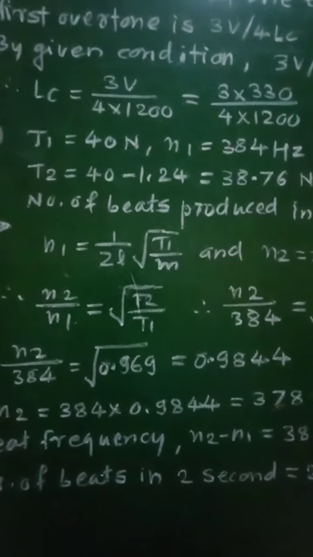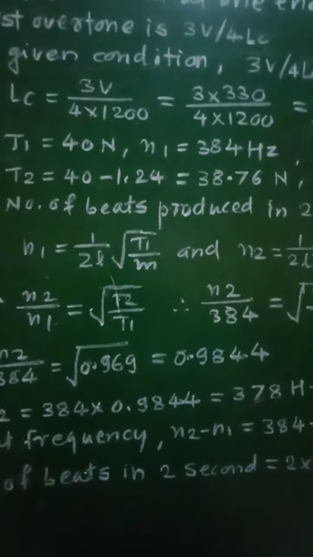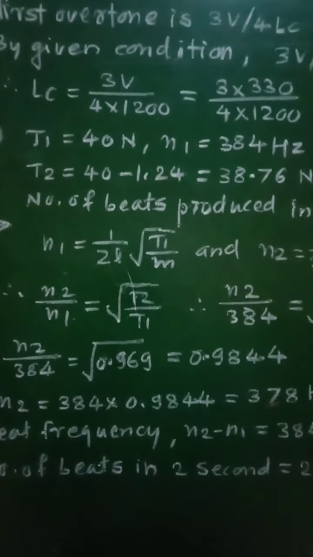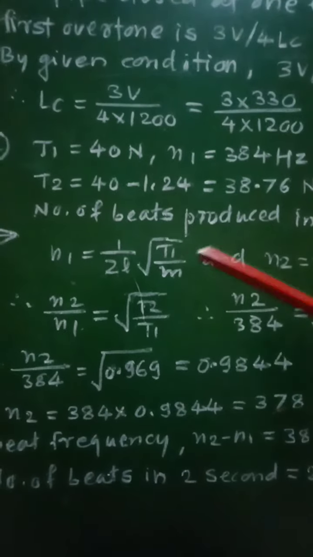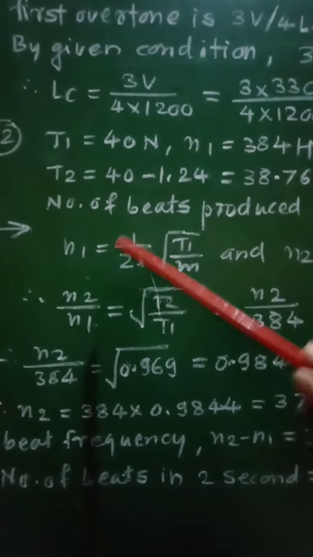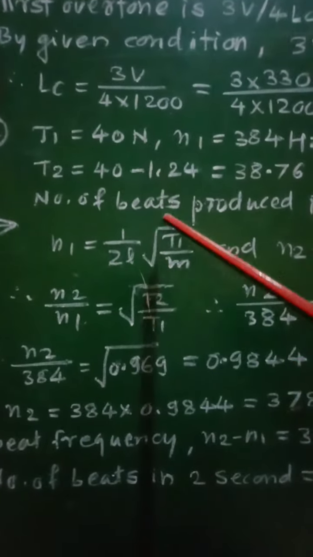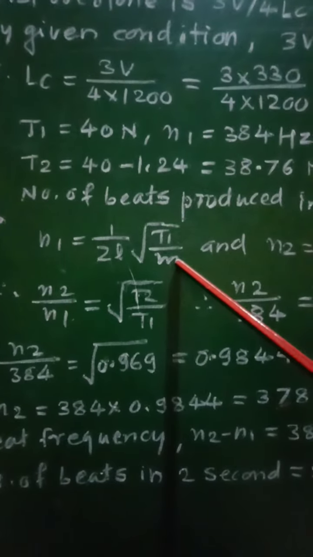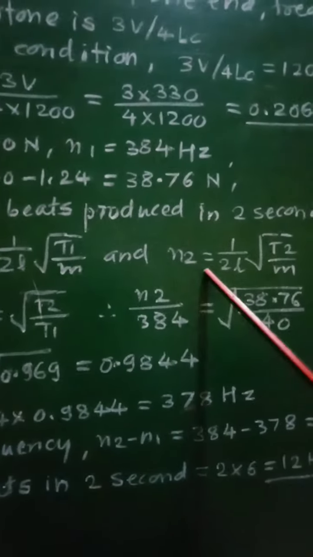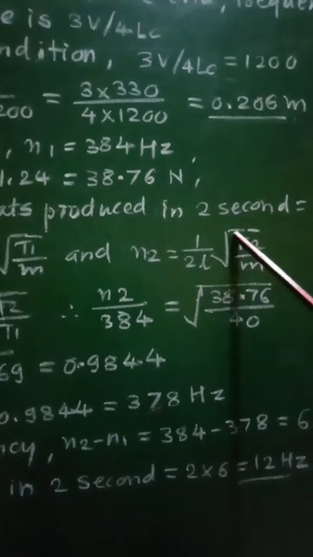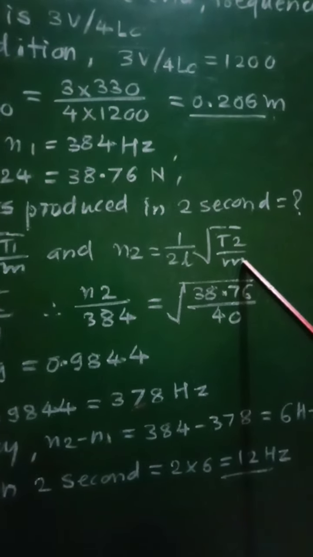N is equal to 1 upon 2l square root of T by m, and therefore we can write the formula for n1 and n2 as n1 is equal to 1 upon 2l square root of t1 by m, and n2 is equal to 1 upon 2l square root of t2 by m.